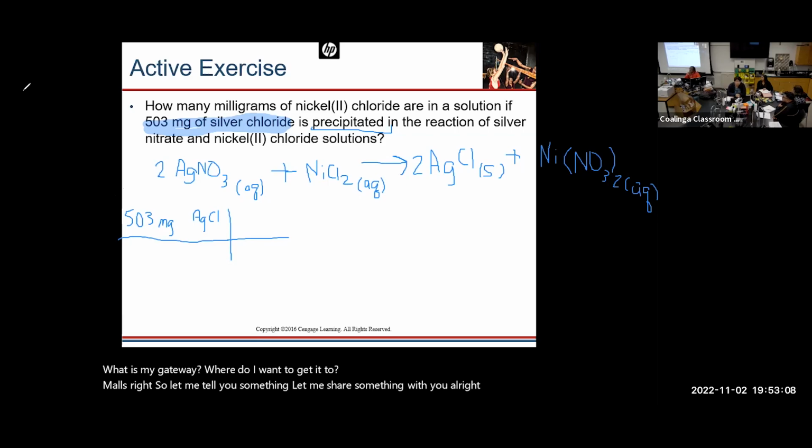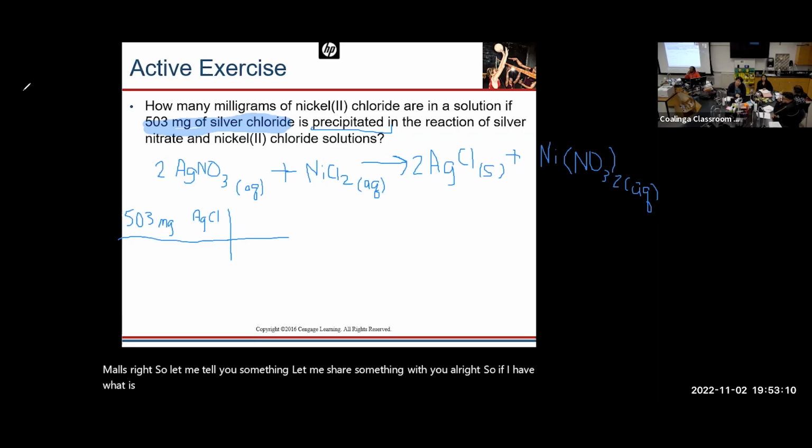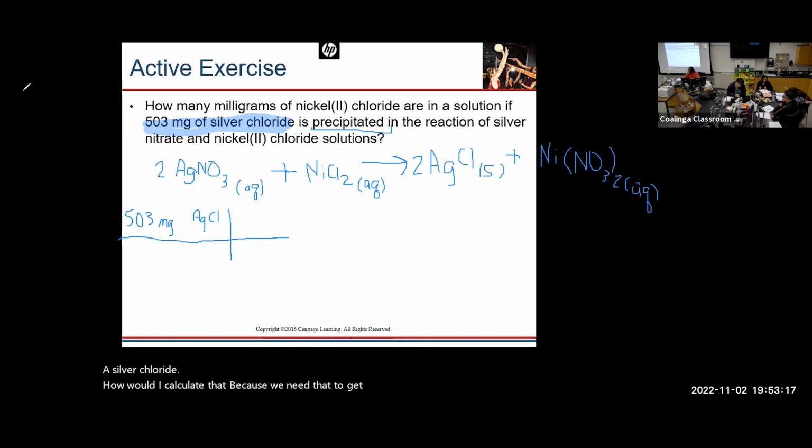So what is the molar mass of silver chloride? How would I calculate that? We need that to get the moles, right? Is that 124? 144?